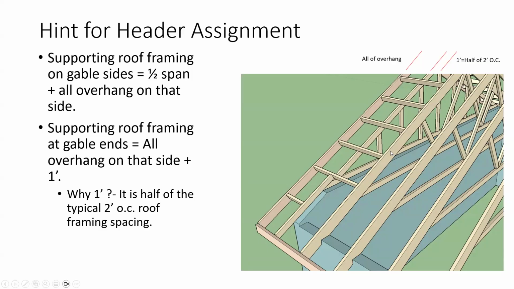Now, if we've got a gable end, and imagine we've got a header in that gable end wall here, the way that typically it's framed, especially if you get a big enough gable end overhang, is you have what's called a dropped gable end truss, and then you have 2x4 outlookers.